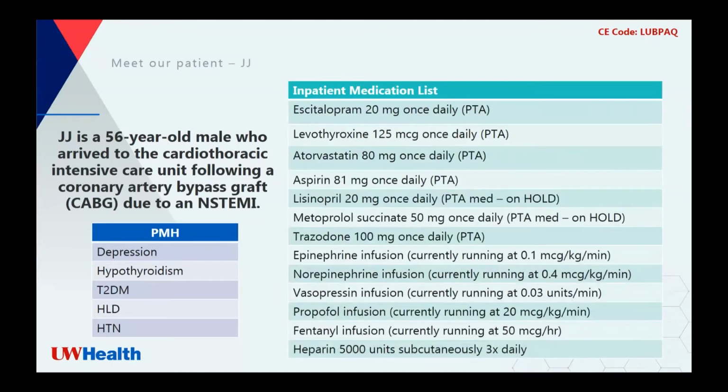I have his inpatient medication list on the right side here. I would just like to point out we have some prior to admission medications that we've continued for his chronic disease states, but also note that he's intubated and sedated with propofol and he has fentanyl. He also has 3 pressors going, so epinephrine and norepinephrine, and then vasopressin as well.